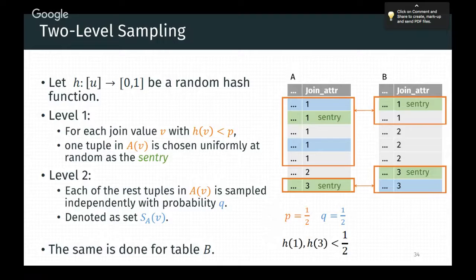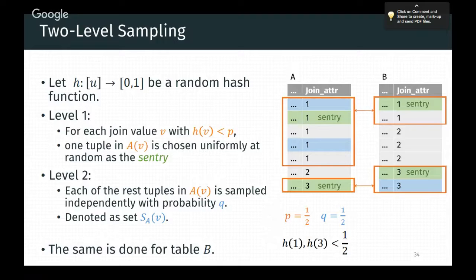For each value v where h(v) is smaller than p, we sample value v, but we do not take all of its tuples. We take one tuple in A_v as the sentry, and for the rest, we do not take them all. We go to level 2, and we sample independently with probability q to get the blue tuples in A_v.